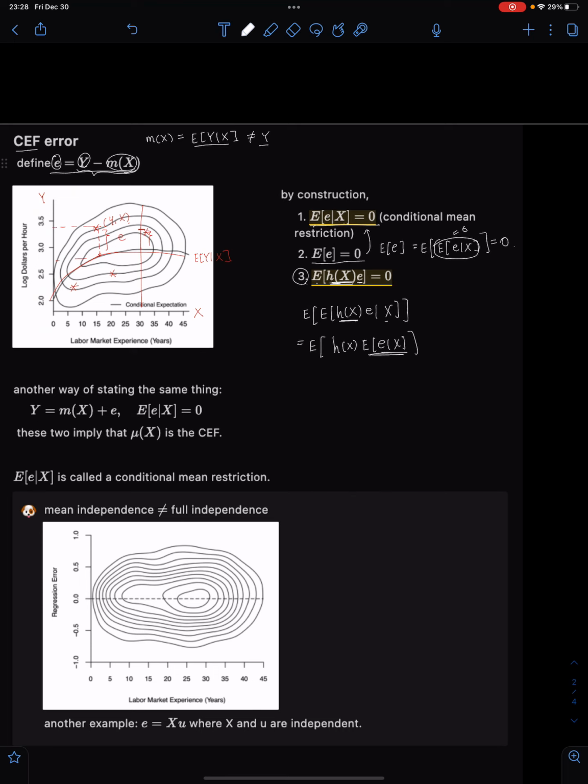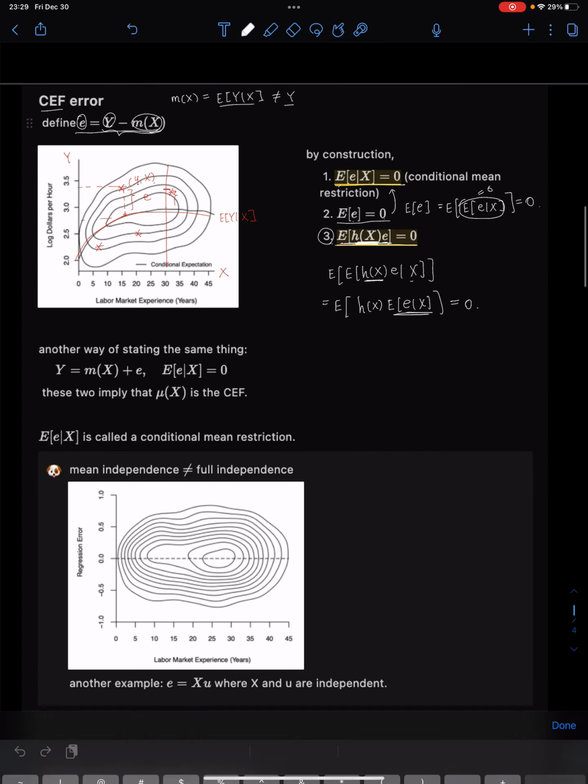And from the first property again, this part is 0, so in the end the whole thing is going to be 0. So what this condition is saying is that the correlation between any function of x and e error is going to be 0. Because the expectation of e is also 0, this multiplication can be interpreted as the correlation. Again, the correlation between any function of x and your error is going to be 0.